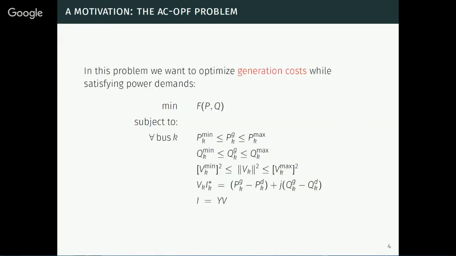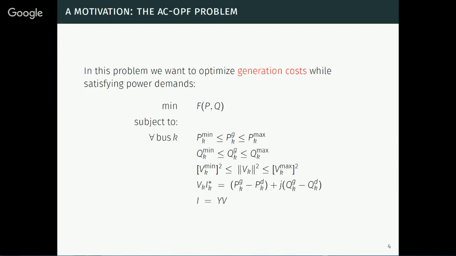So what's the problem? One version of this problem is just to look for feasibility of some setting. But the one that we're interested in, which is the optimal power flow problem, is that you want to optimize the generation costs. Some nodes, some buses, some nodes in the graph, will actually be capable of producing some energy at some cost.